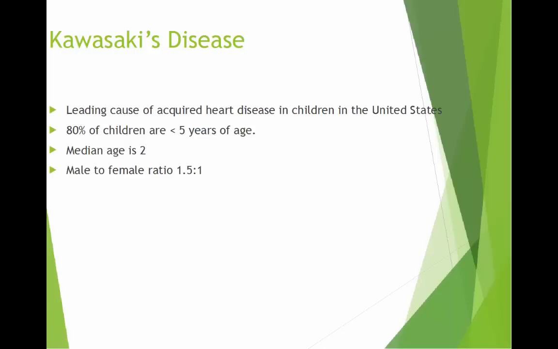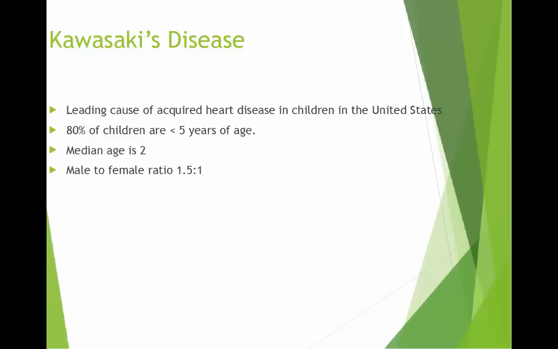So Kawasaki is a vasculitis of the medium-sized arteries, most significantly the coronary arteries, which are involved in about 20% of untreated patients. It's the leading cause of acquired heart disease in children. 80% of children are less than 5 years of age. Median age is 2, and there are more males than females.